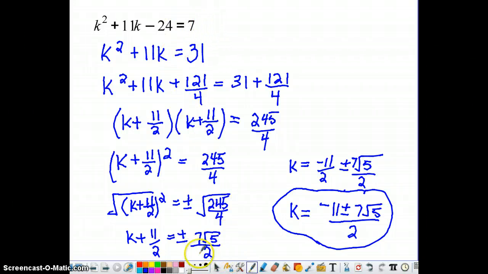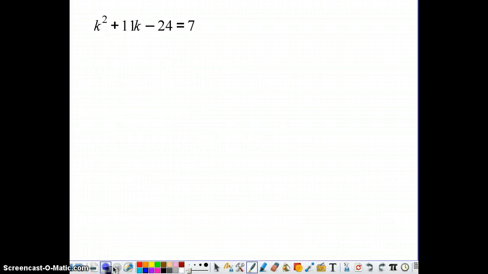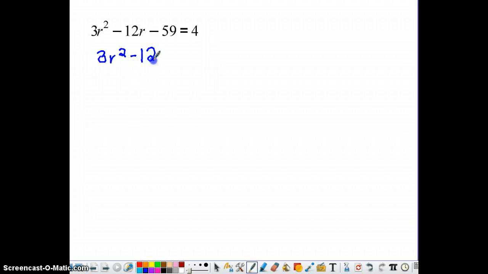Alright, let's do one other problem here. For the last problem, I am going to set it up the same way. I'm going to keep the quadratic term on the left, as well as the linear term.